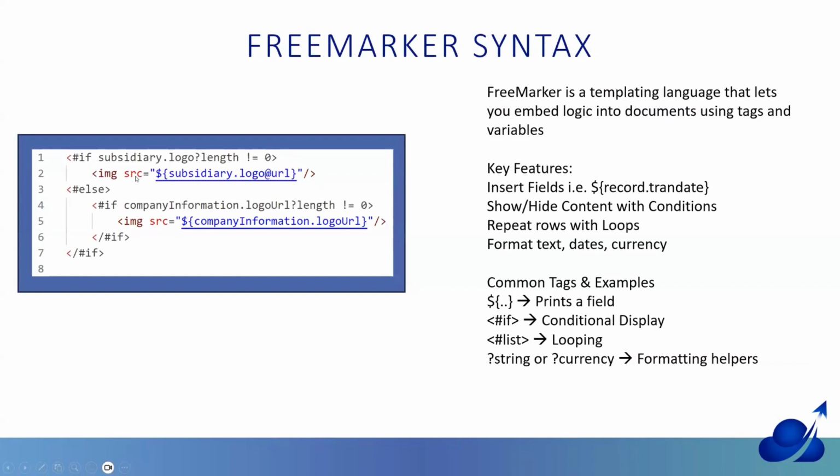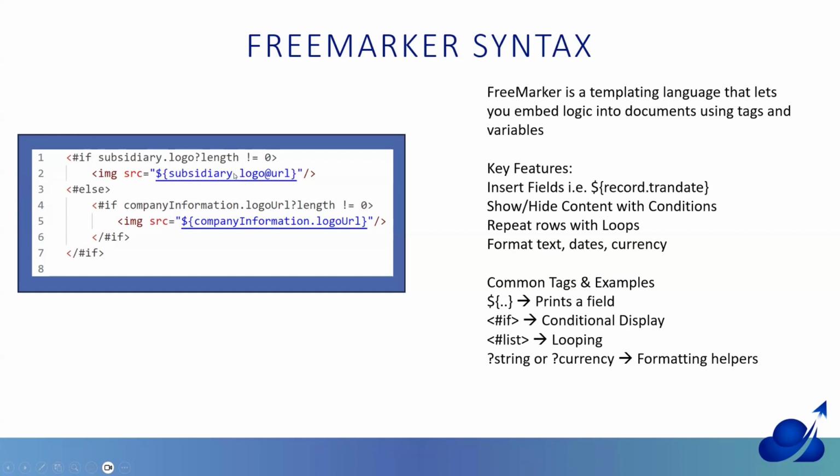And the source of that image is going to be a joined field. I picked the most complicated one to start off with, I apologize. It's a joined field, so it is our $ reference to get the field. It's going to reference subsidiary, which is going to be related to whatever we're printing, like a purchase order, and it's going to get that subsidiary's field value.